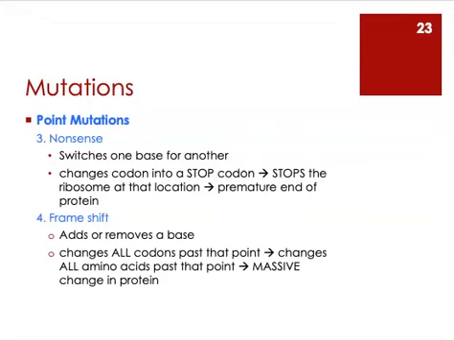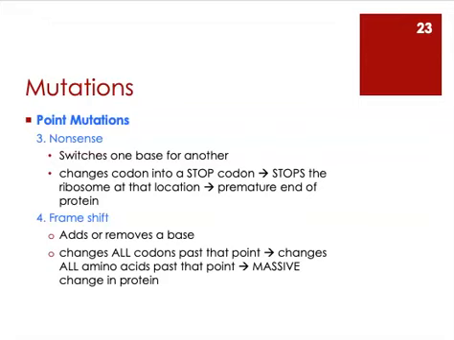So you end up with new DNA that either has one less base than it should, or one more base than it should. If I add in an extra base or take out a base, all my groups of 3 bases, all my codons, are going to get shifted by one base.